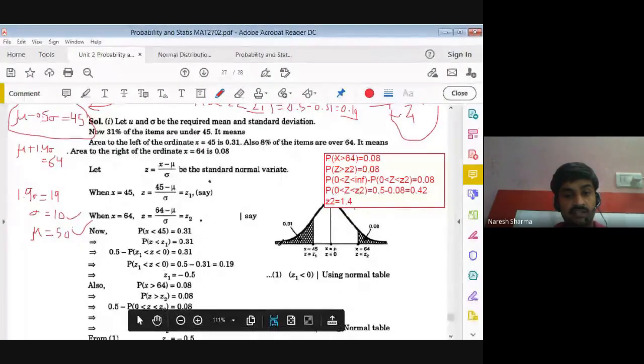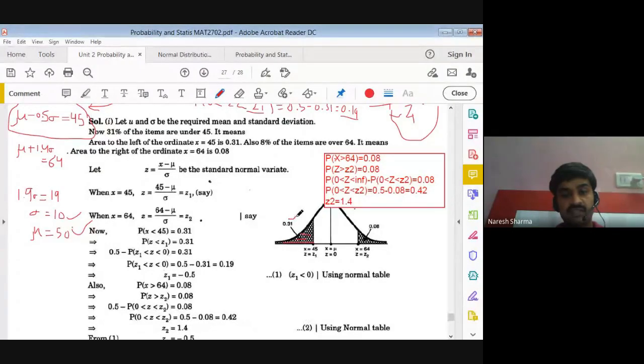Given to us, less than 45 is 31%, that is 0.31, and on the right side more than 64 is 0.08. This data is given to us, and we are interested in finding the mean and standard deviation. So we assume this point given is 45, less than 45. So assume at this point z is z1. You may assume minus z1, it's your choice, right?